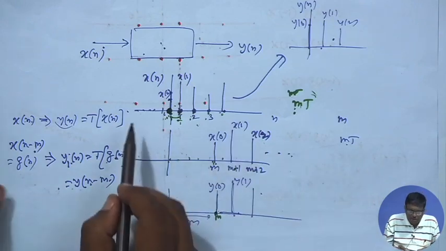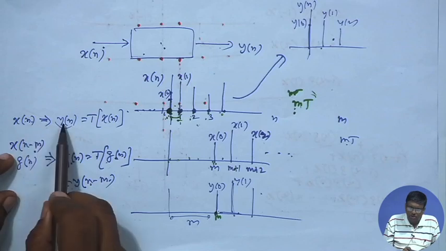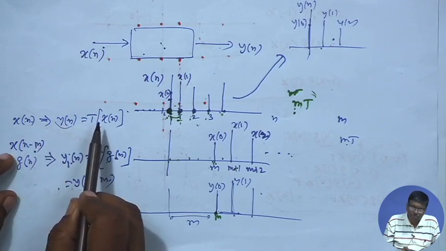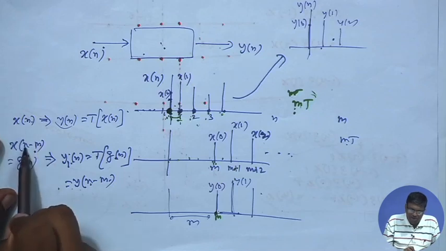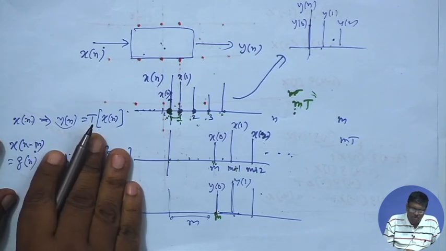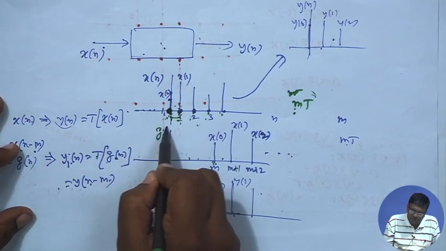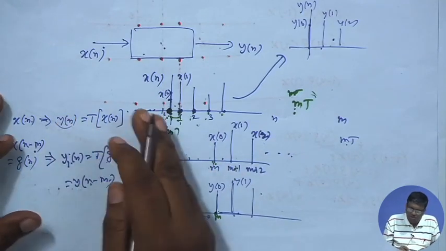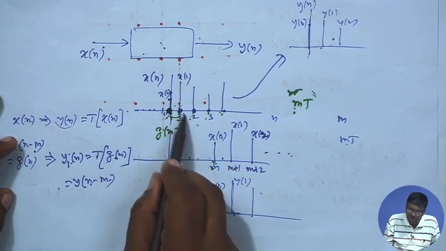Mathematically it means, suppose I give x[n] as input, output is y[n], which is T of x[n]. Now I shift this sequence by m, x[n minus m], which is a shifted version. I call this sequence g[n], because it is a shifted version of the original x[n], shifted by m, everybody got shifted by m.